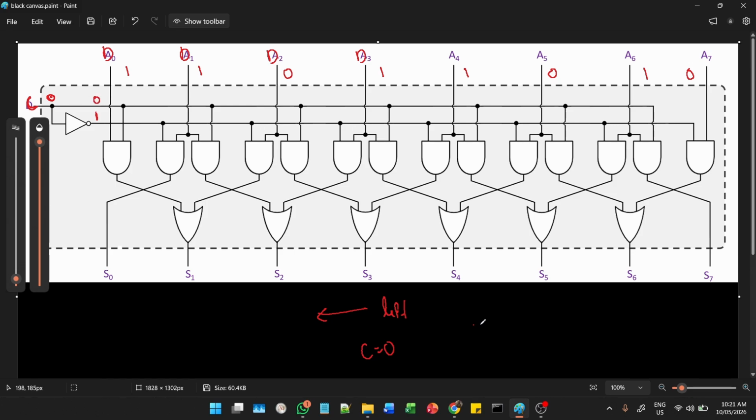So if this is a 1, right, what happens is this one does not get anything, right? So this gets a 0. So this is 0 from here. This one travels along here, right? And it sends a 1 over here. And D1 comes over here with another 1 that gives 1 over here, right?